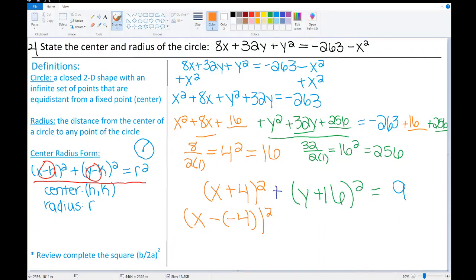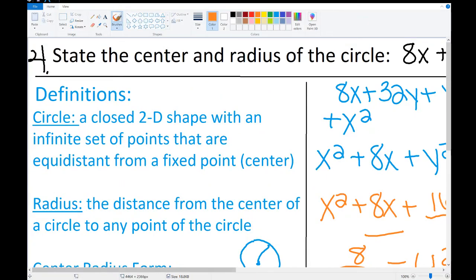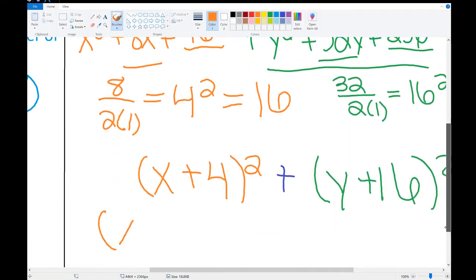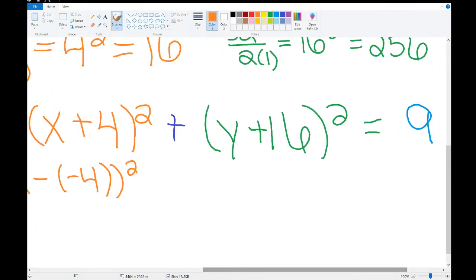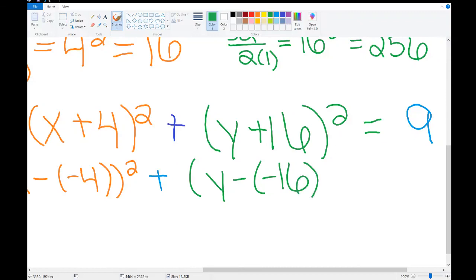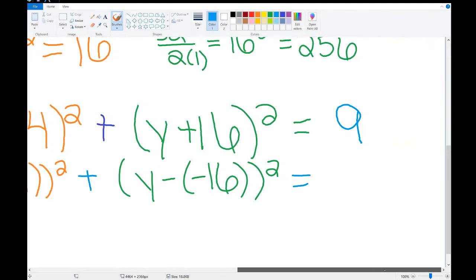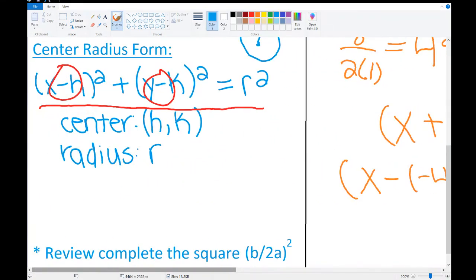I'm going to rewrite that. So over here, we are subtracting a negative number. It's the same thing as adding it. And then over here, as you can see, our radius is being squared.